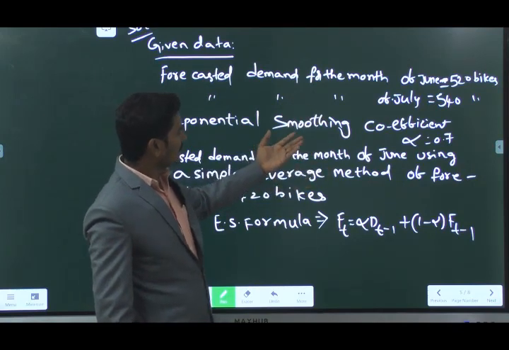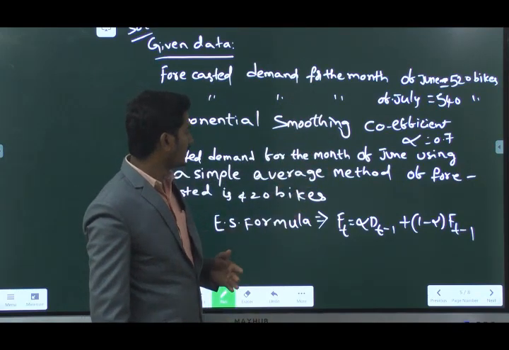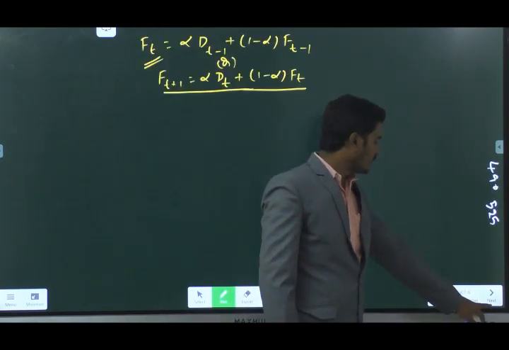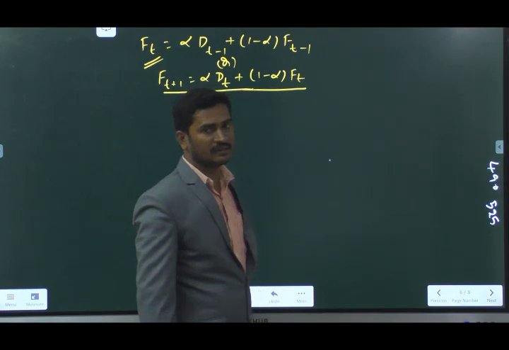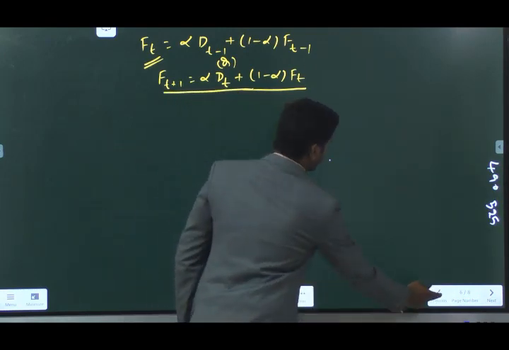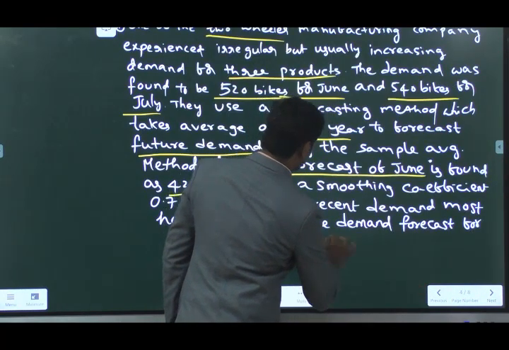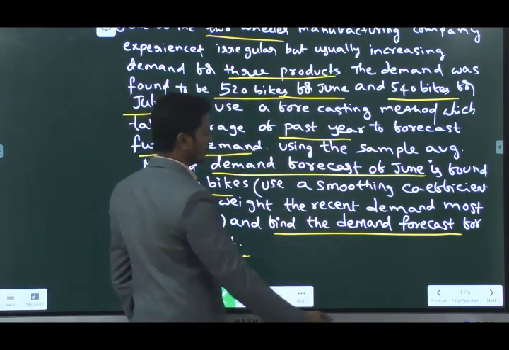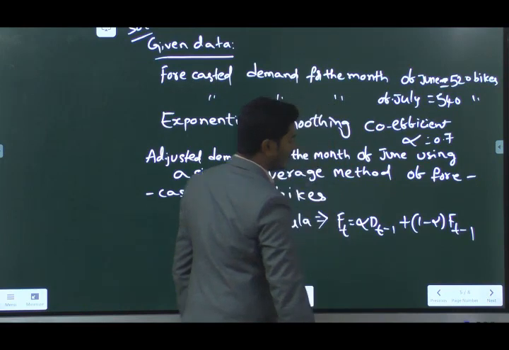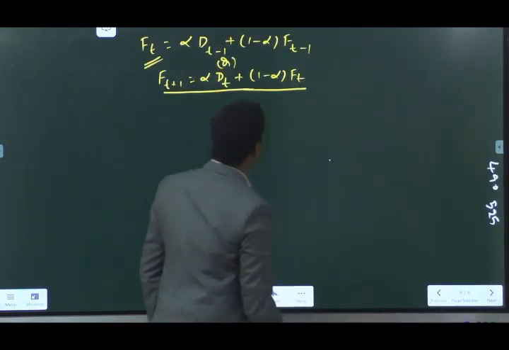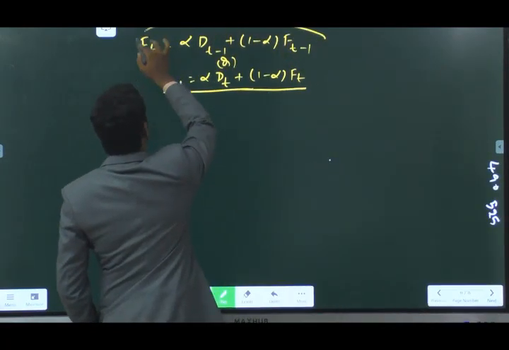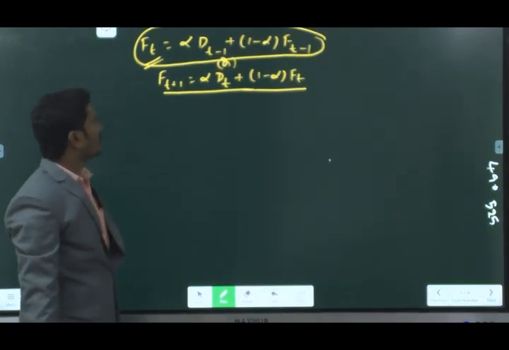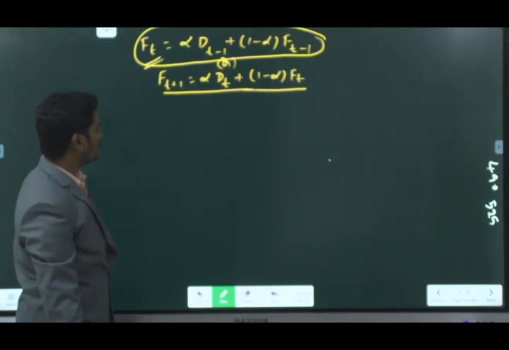Next we calculate the adjusted demand for July, and then after that the demand for the August month, as per our question: find the demand forecast for the August month. We calculate it using the formula Ft equal to alpha dt minus 1 plus 1 minus alpha Ft minus 1.